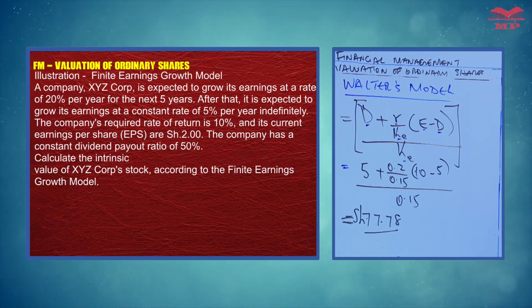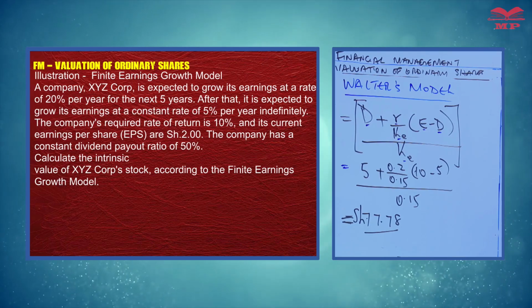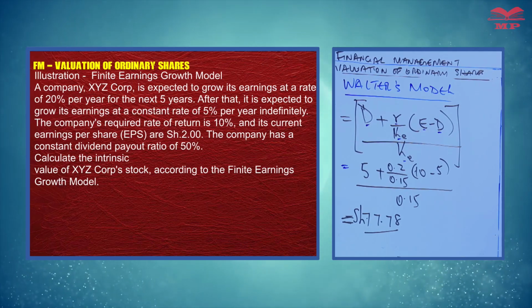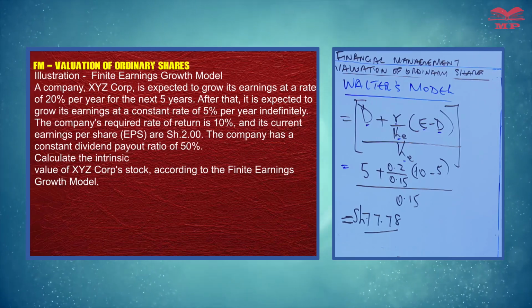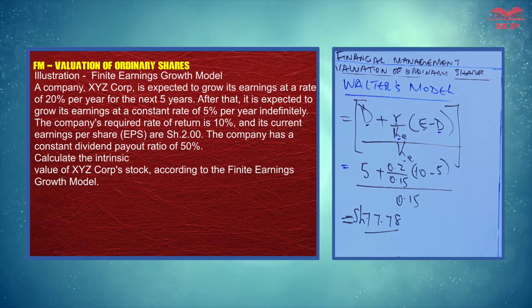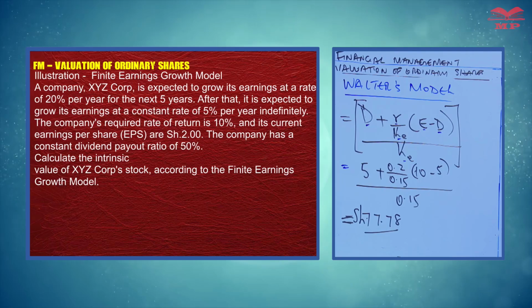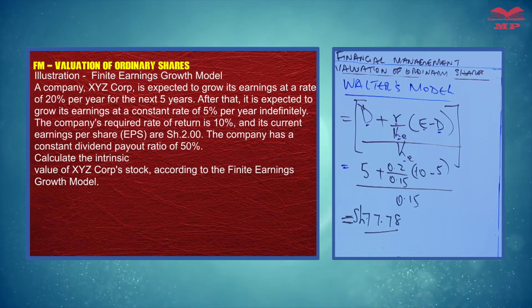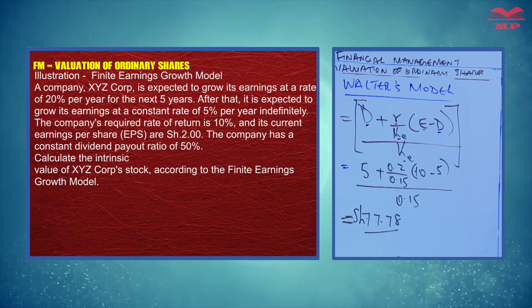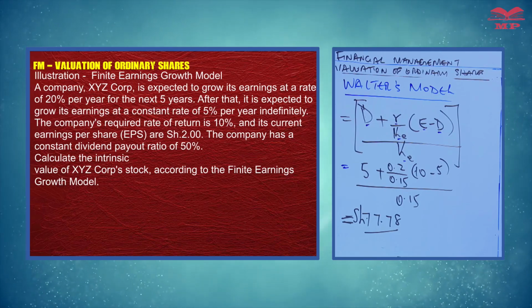From the illustration, you then look for the dividends, and you'll realize that the dividends are not provided in that question, but you are given the earnings. You are told that the company is expected to grow its earnings. So you grow the earnings first of all for each year. Then in the second last sentence, you read that the company has a dividend payout ratio of 50%. That's why we calculated the dividend by applying the 50% on the earnings that grew at the rate of 20%.